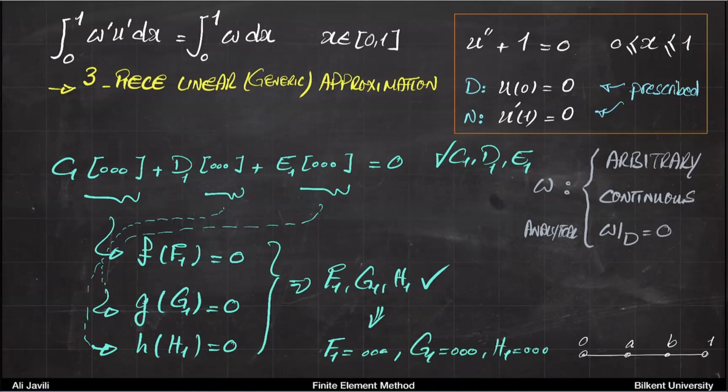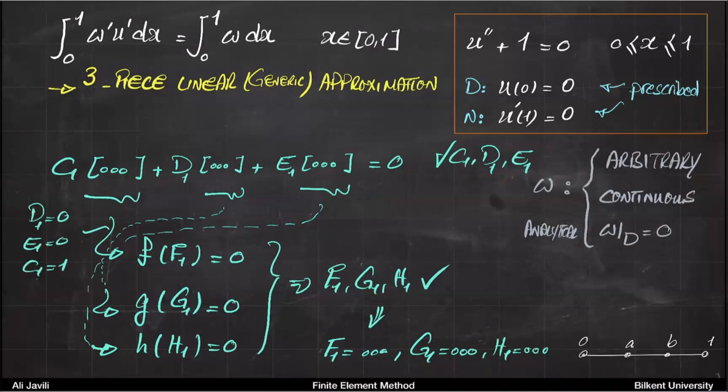So this is basically the key. You have eventually three equations, three unknowns, because you can play with these coefficients. To get the first one, you can assume D1 is 0, E1 is 0, C1 is 1.